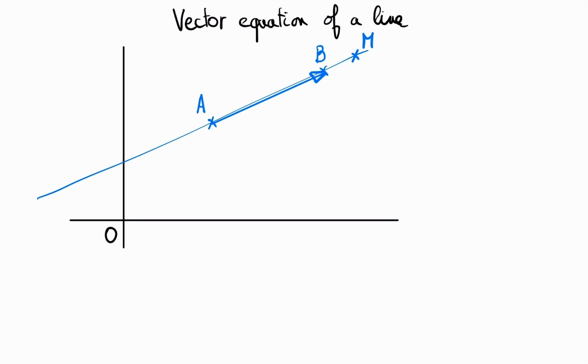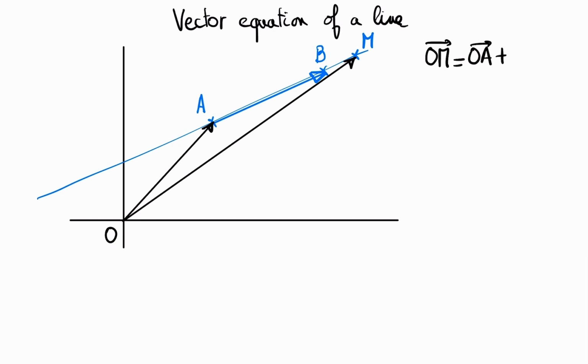So the vector OM, so for OM to be part of the line, OM is here. OM, well, OM is made of what? Is made of OA plus, well, a value, basically AM.